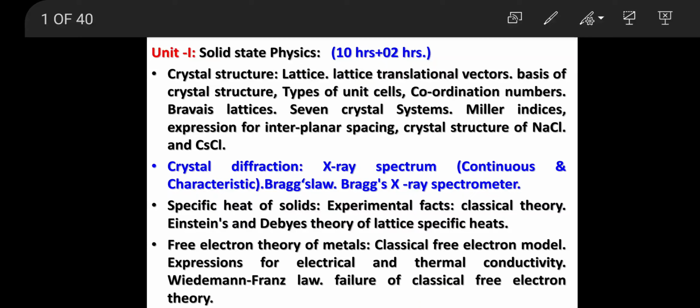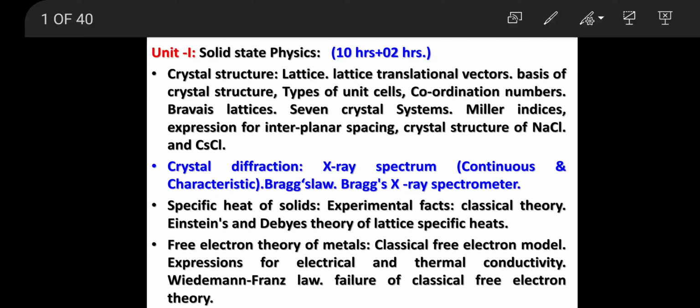And a very basic law, Bragg's law, of course the qualitative derivation is not included in your syllabus. Finally, you need to understand how a Bragg's X-ray spectrometer works. In these two chapters, you have problems: 1 hour for the first chapter and another hour for the second chapter.